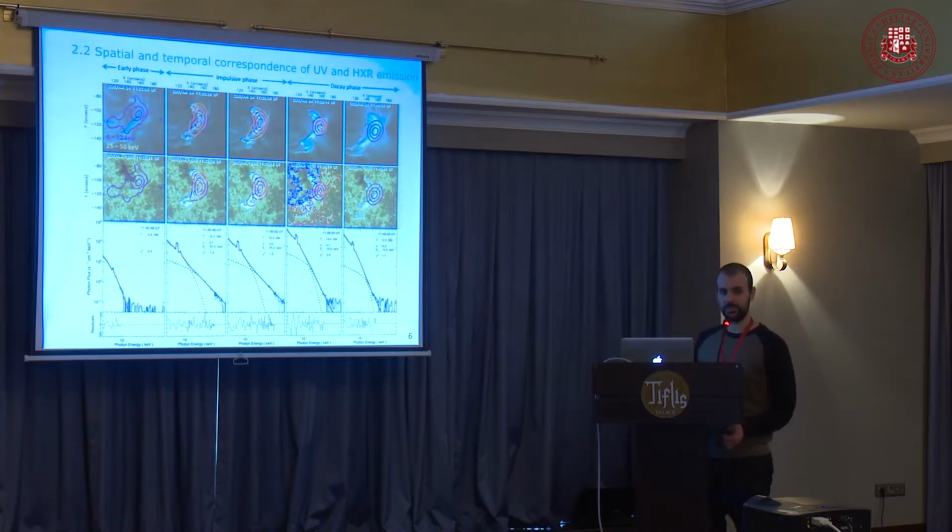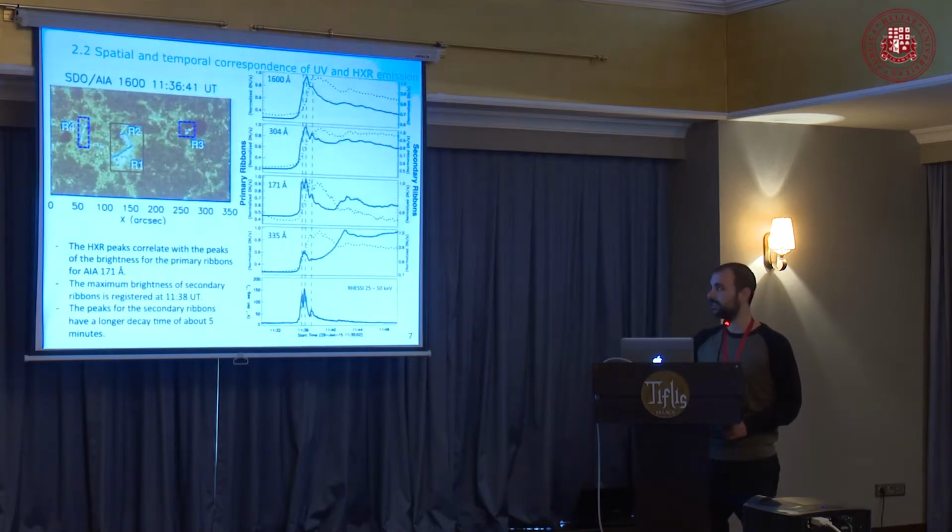As we saw at the beginning, R3 and R4 are a bit weaker than R1 and R2. But the secondary ribbons were formed really a bit later, and the peak intensity was really a minute after the hard X-ray burst.